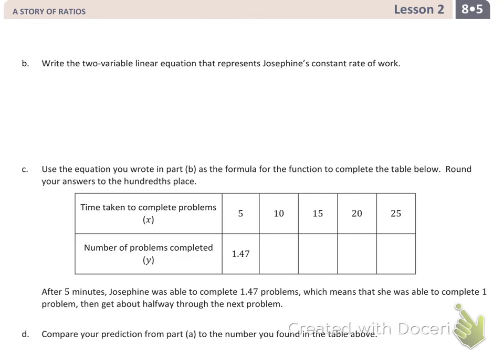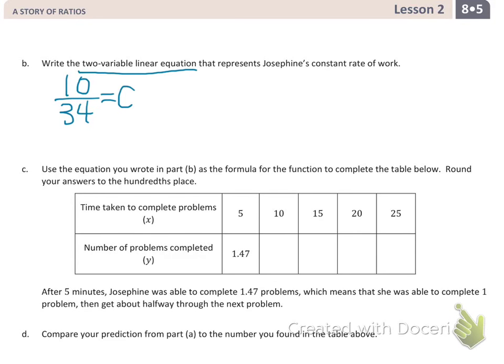Okay, let's look at part B. So now we're told that this could be represented with a linear equation. So now we're going to write a linear equation in 2 variables that represents her constant rate of work. And so we know that she could do 10 problems in 34 minutes.